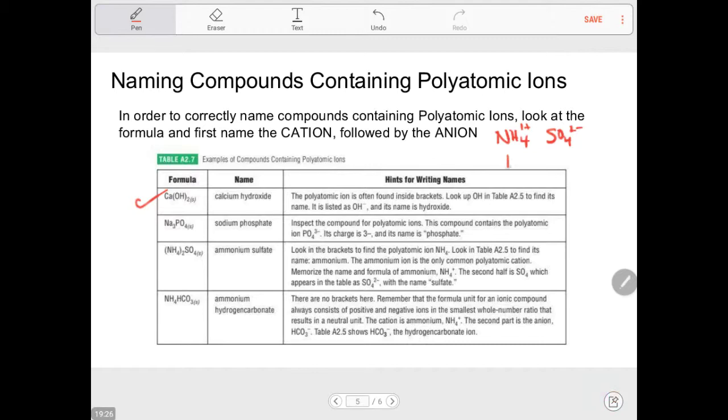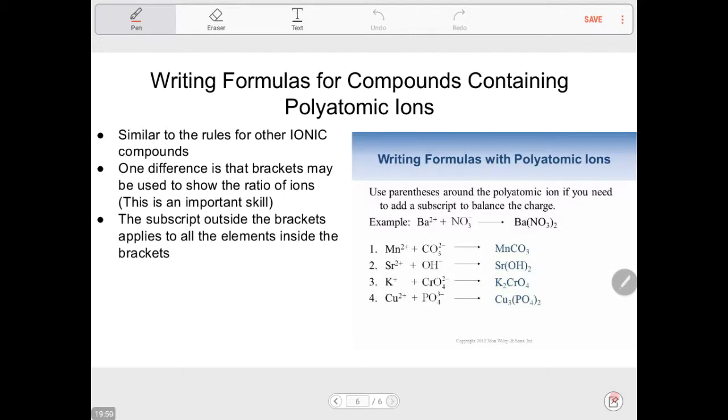So you'd go NH4, and because that's a polyatomic, you have to put a 2 and then SO4. Believe me, I'll give you some practice with this coming up, and you need to make sure that you understand this process. You have to know how to write compounds containing polyatomic ions perfectly.